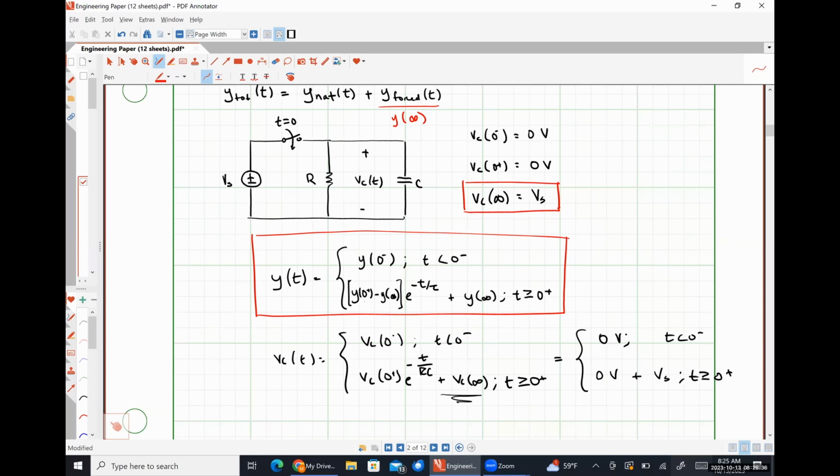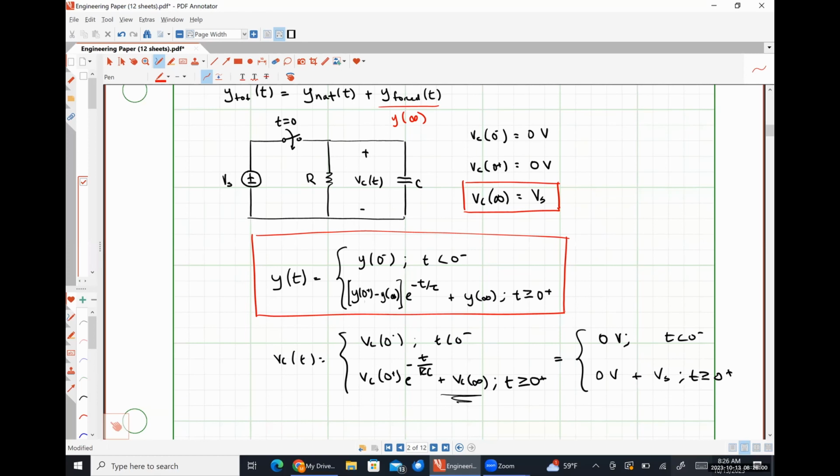Now, one of the most common questions I get about this material is, how can I tell the difference between whether I have a natural response problem and a total response problem? And the short answer is, if there are any sources left connected to your capacitor or inductor, you have a total response problem.